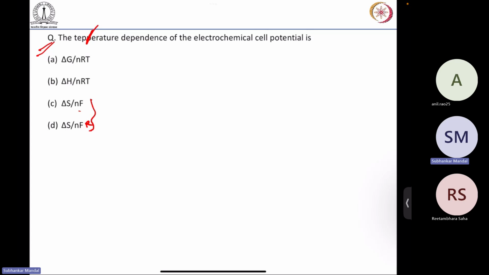So what is the answer? Whatever we have just now discussed, delta G is equal to minus nFE, or E cell I can write. From there only we have to start.